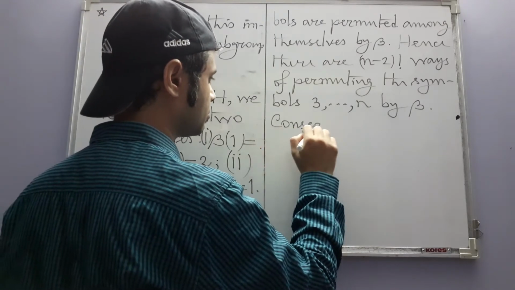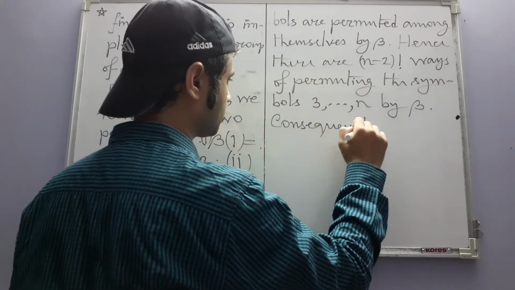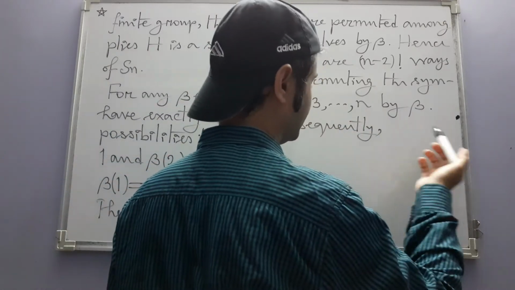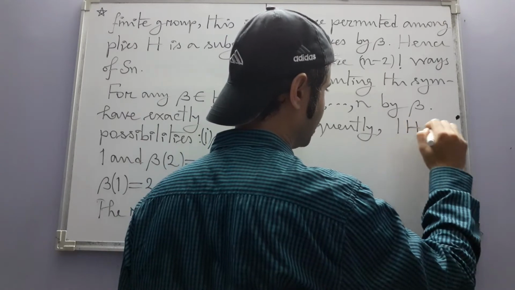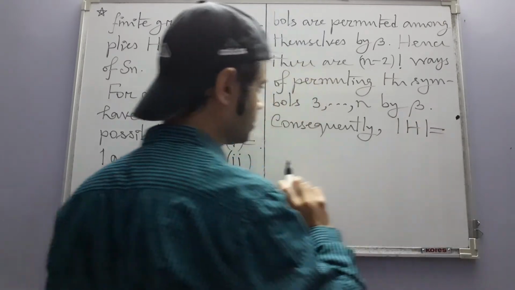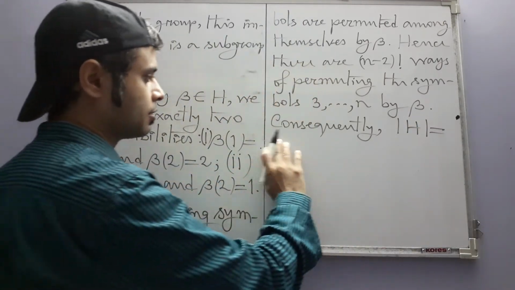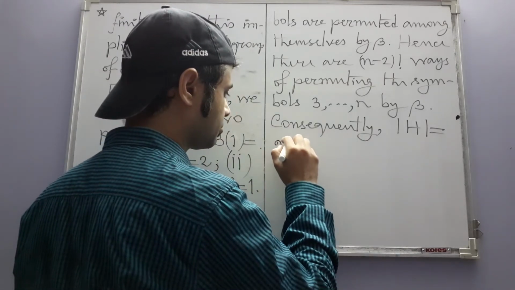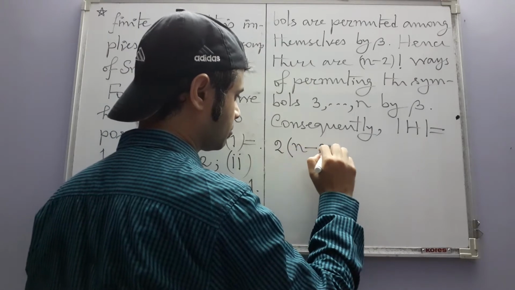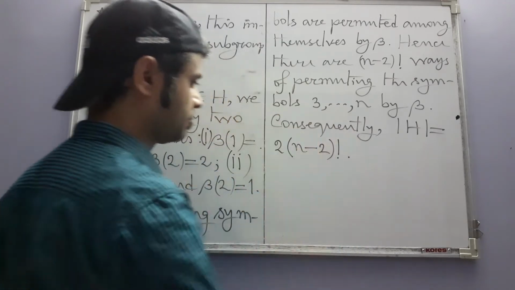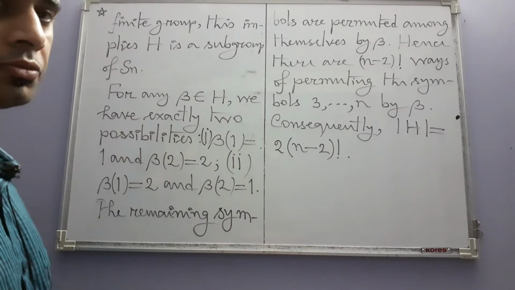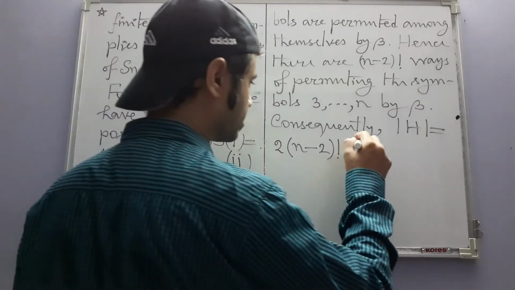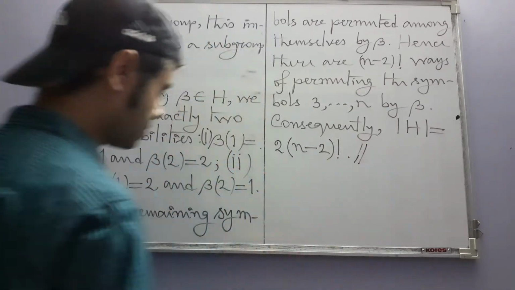Consequently, let's just write the conclusion. If you want, you can drag it a little bit further, writing something else, but eventually you have to write the order. So that is the order of this subgroup, and this is the solution.